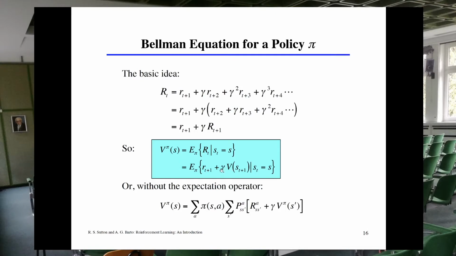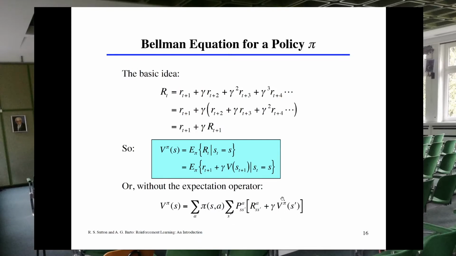Here we are defining the value of a state as an expectation, but if we want to compute this explicitly as a probability, then we need to consider also the probability of selecting one action given the current state, and this is for every possible action in the action set, and also the probability of transitioning from one state to another after executing an action A, where this S prime makes reference to any possible state in the state set.